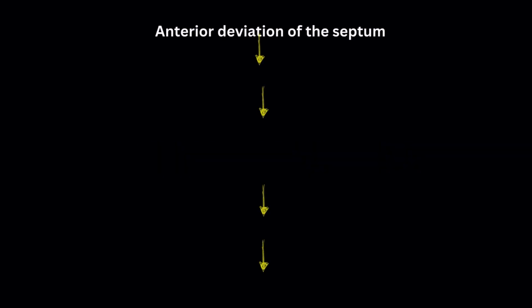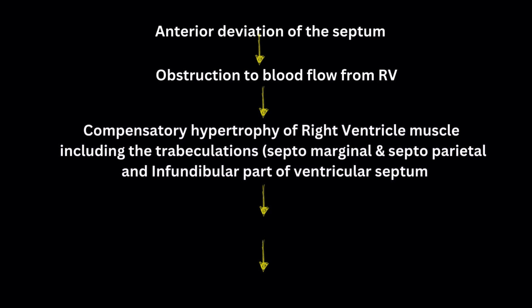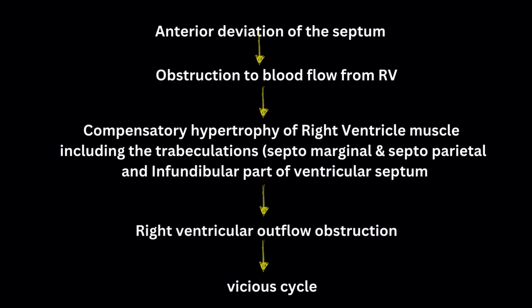So in summary, the deviation of the septum along with pulmonary stenosis lead to right ventricular outflow obstruction, which causes compensatory hypertrophy of the right ventricle and the trabeculations, which further causes increased obstruction, and this vicious cycle goes on.